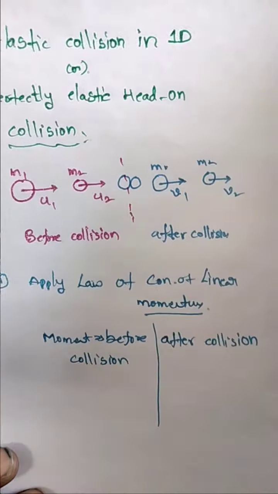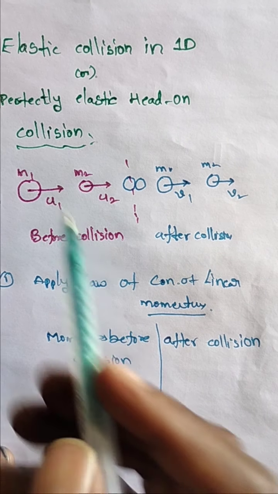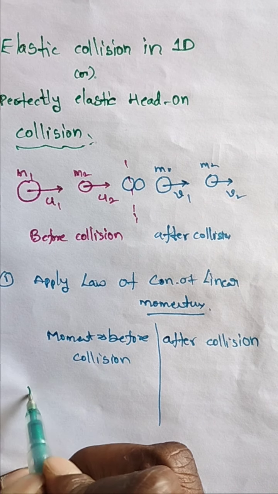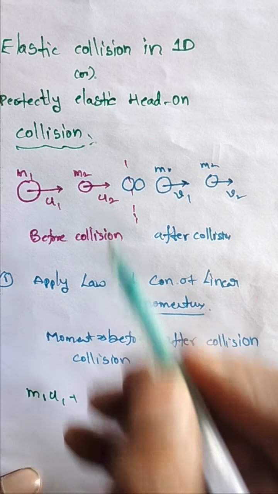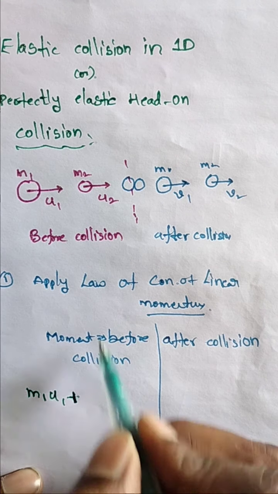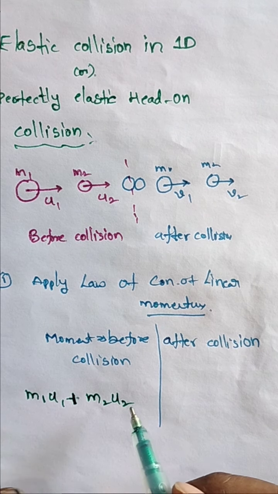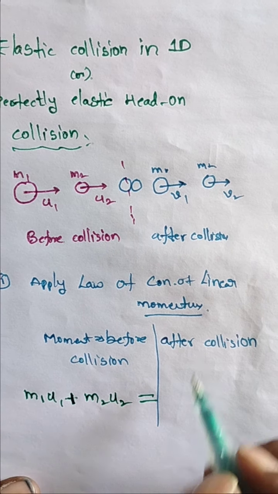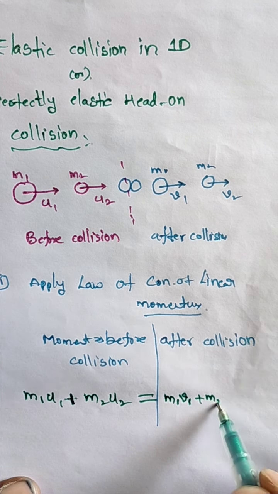What is the momentum before the collision? We know the momentum formula: mass times velocity. The momentum of the first particle is m1 u1, plus the second particle m2 u2. This is the momentum before. After, it is m1 v1 plus m2 v2.